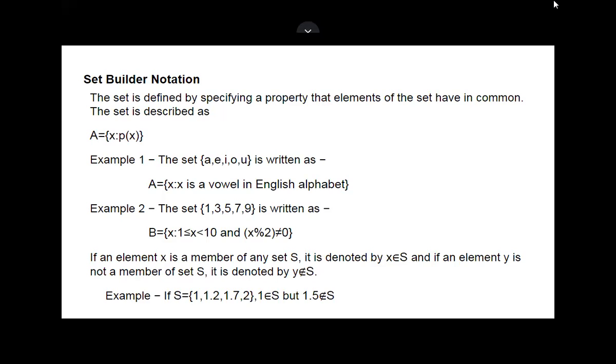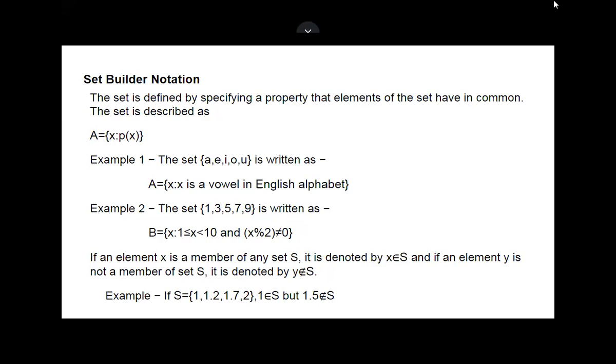Yes, B equal to x such that 1 is less than or equal to x less than 10. What is the condition we have? The number should be less than 10. So 1 is less than or equal to x less than 10.